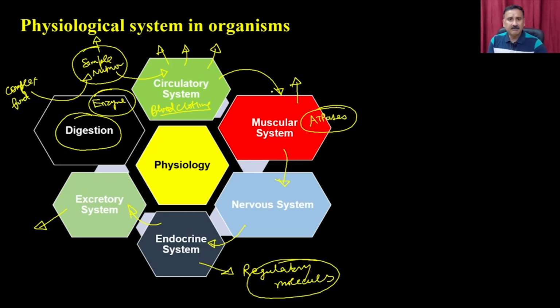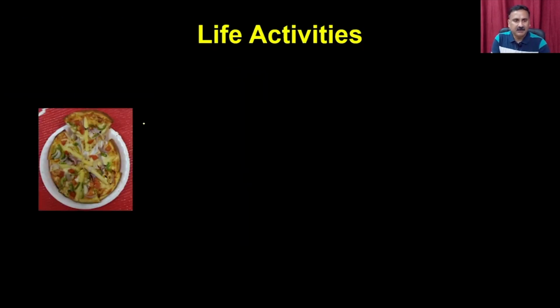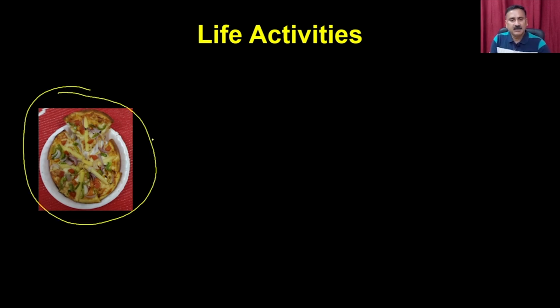So, to make it very simple, let us take an example of a very simple nutrition. If we talk about pizza, for example, if you take a bite of pizza, what things are going to start so that you can produce energy, and that is how you maintain life on earth. So pizza is made up of three molecules.